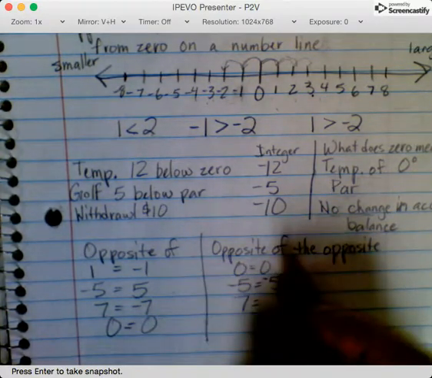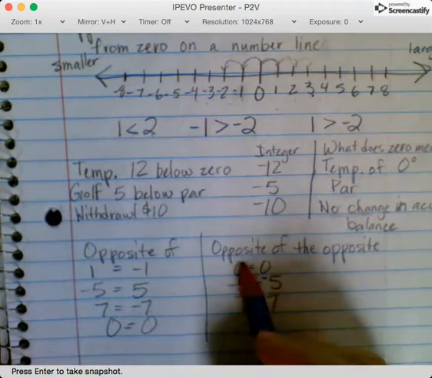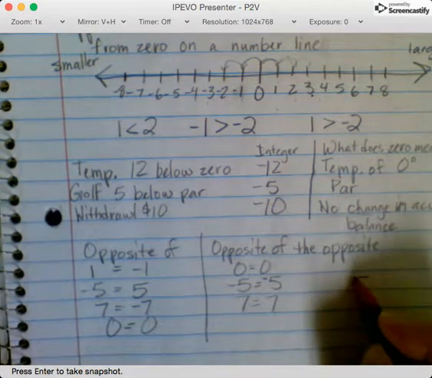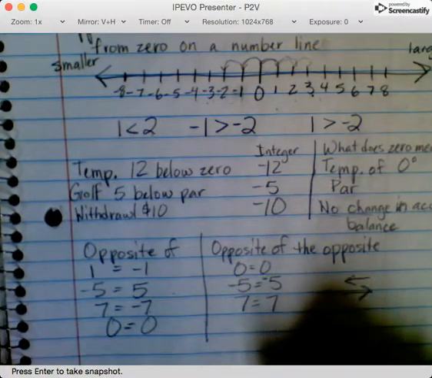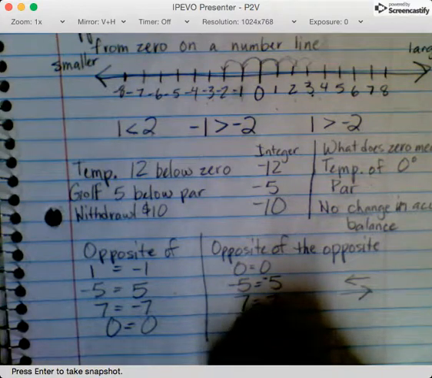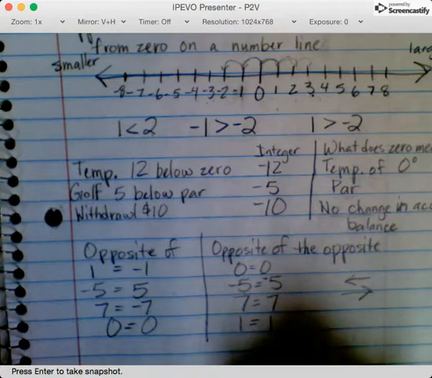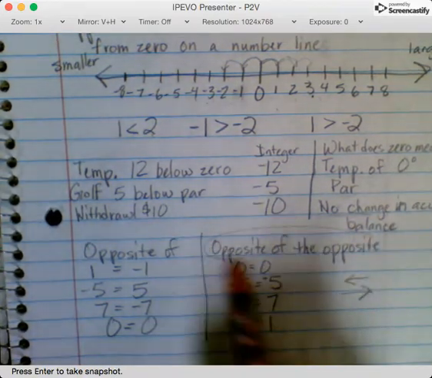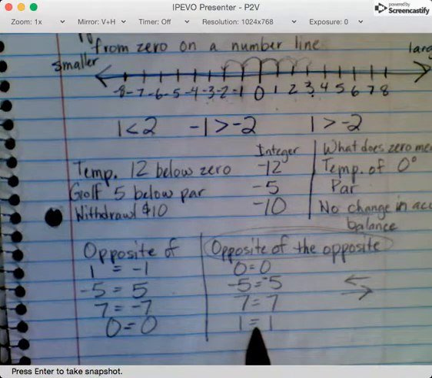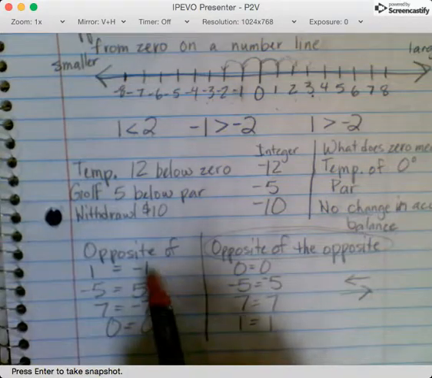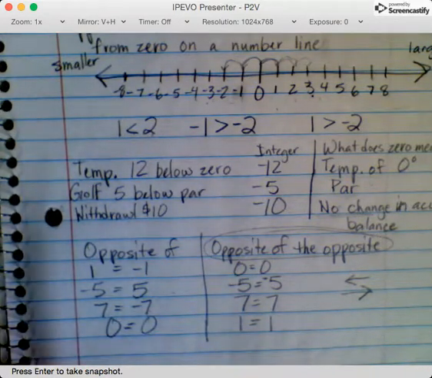The opposite of negative 7 is 7. So you get back to the original number when you do the opposite of the opposite, because you go one way and then you go the other way. So if they say the opposite of the opposite, you actually end up with your original number. If you say just the opposite, you just change the sign unless it's 0, and then the opposite of 0 is 0.